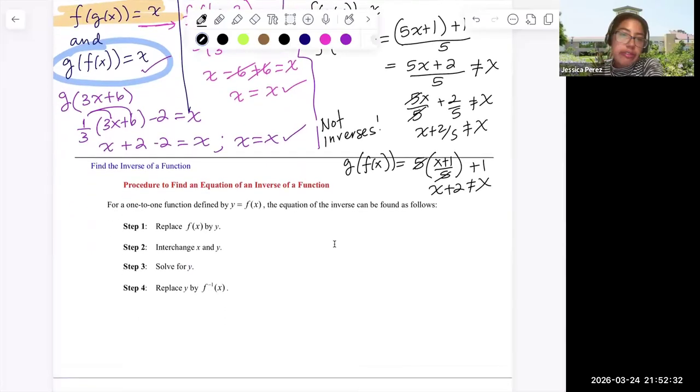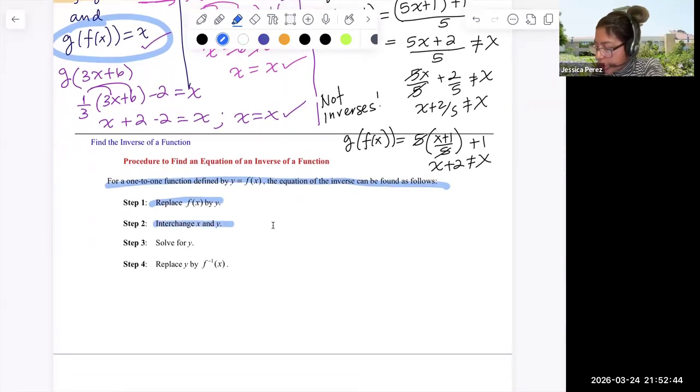Now, what if we want to find the inverse directly? What are the steps? So the steps to find the inverse is we replace f of x by y. We interchange x and y, we solve for y, and then we replace y by f inverse. So this notation, f inverse, means f inverse.